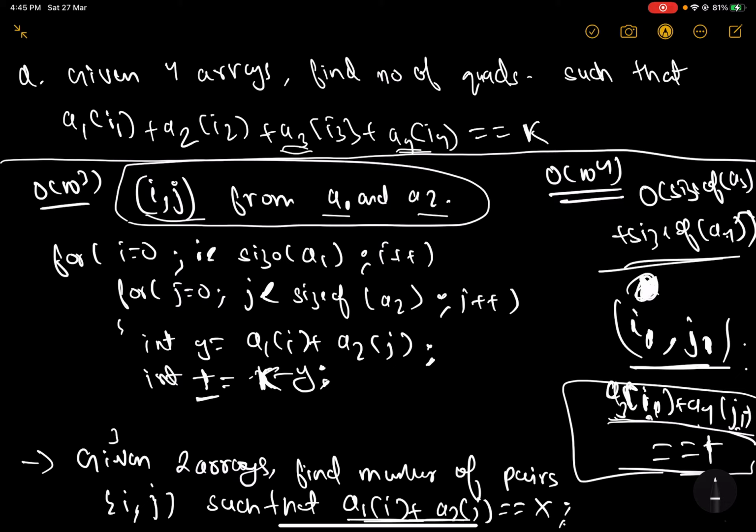The time complexity for solving this problem using the two pointer approach is, let's say these are two sorted arrays, to make things simpler. So given two sorted arrays, the time complexity for solving this problem is O of n.